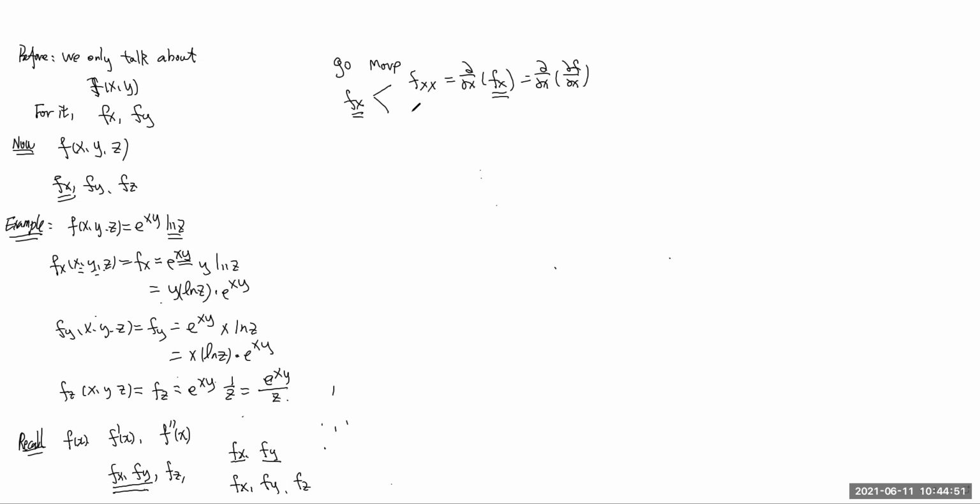We get fxx, and then fxy. This is partial y, partial x. Maybe some people don't read it as partial; I think some people use del, or some read it as partial. Anyway, both are okay.